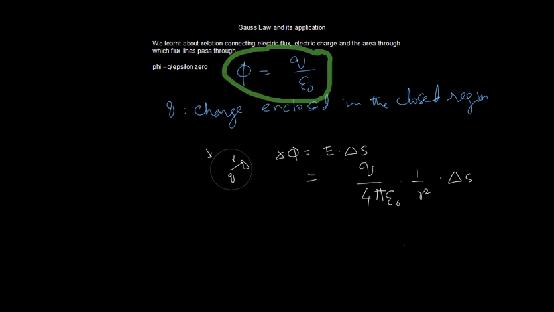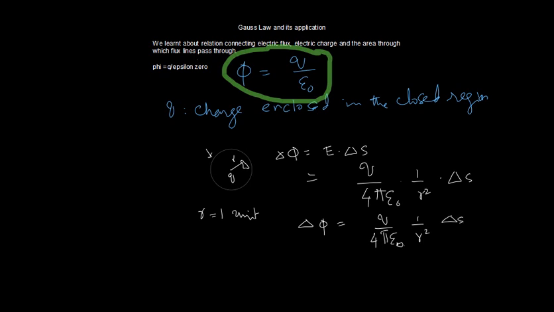Let's consider r equal to 1 unit. Then this becomes 1, so you will have delta phi equal to q by 4 pi epsilon naught. You can keep that 1 by r square and delta S. So delta S is only this small area.